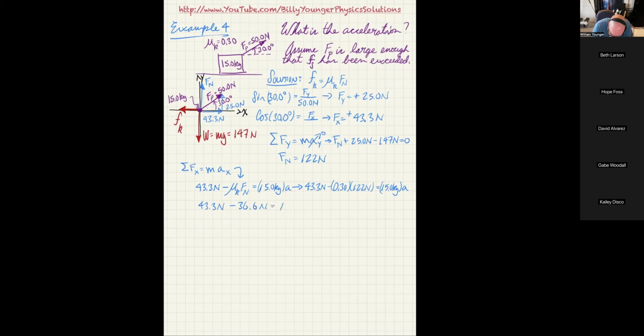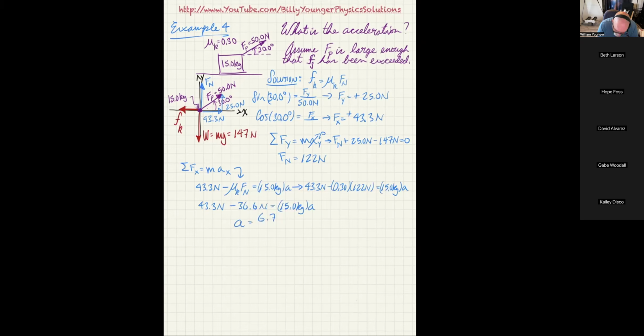So 43.3 newtons minus 36.6 newtons is equal to 15.0 kilograms times A. So A is obviously going to be 43.3 minus 36.6 gives me 6.7.